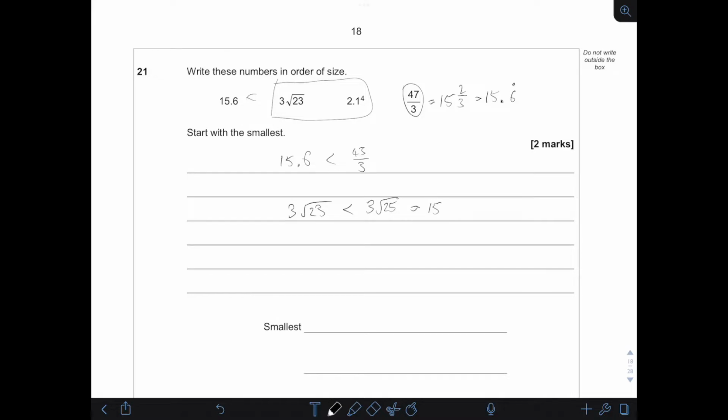And so we know that this has to be smaller than 15.6, right? And so we've got that one fixed as well.